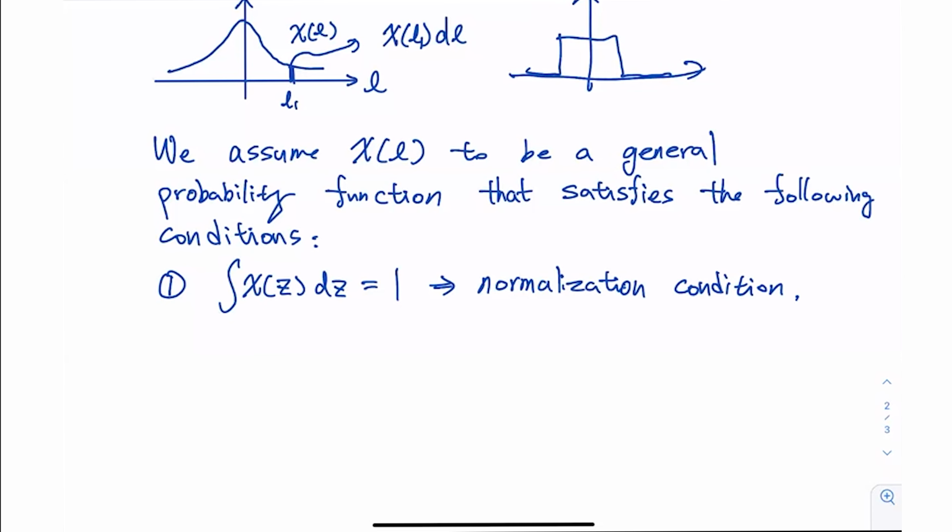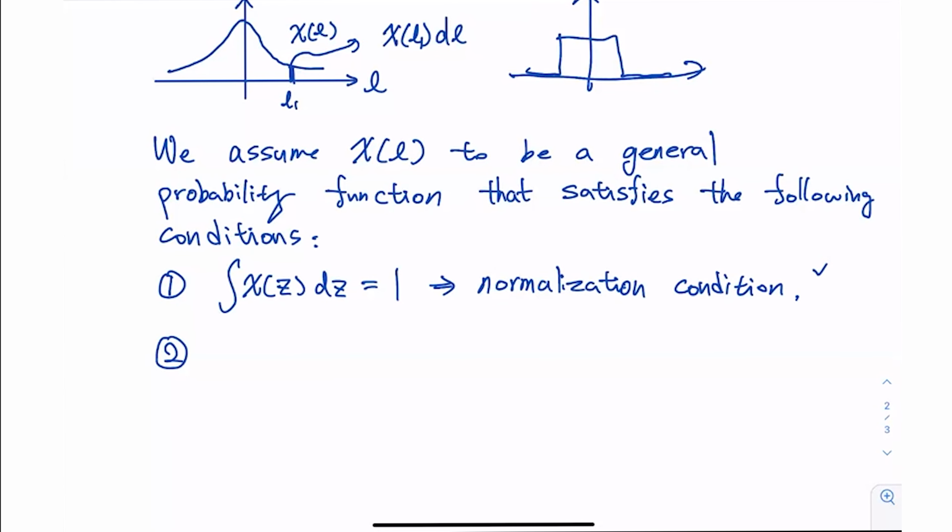But sometimes if you are discussing particles such as photons, they can be absorbed by the environment or things like that, and then the probability will not be conserved. So this seemingly trivial assumption actually suggests that these particles cannot disappear in our later discussion.